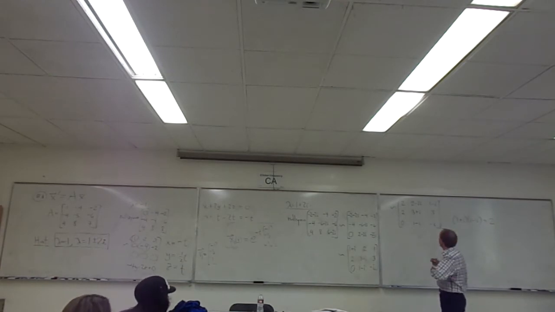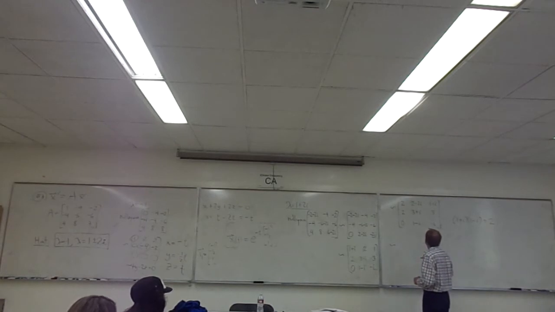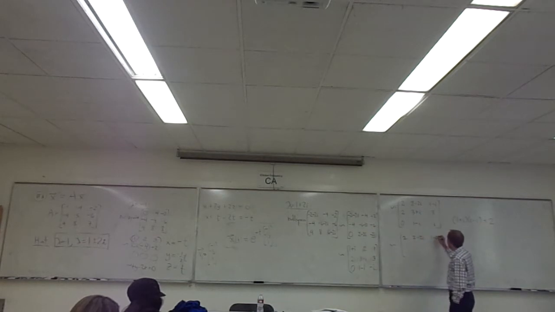Yeah. Okay, now I'm going to take the negative of the first row and add it to the second row. So I'm going to leave the first row just the way it is, 2 minus 2i and 1 minus i.